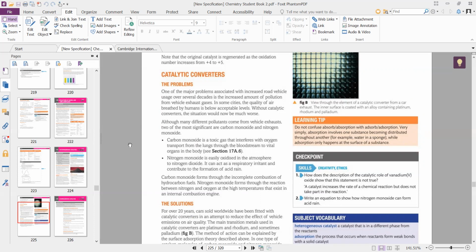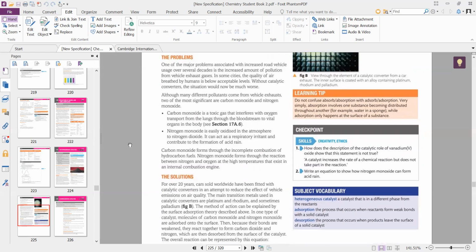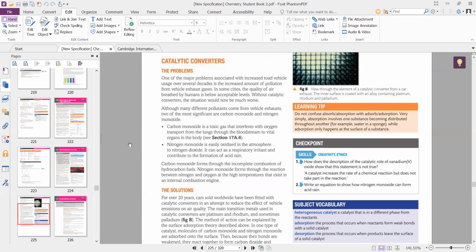The catalytic converter will speed up this reaction.